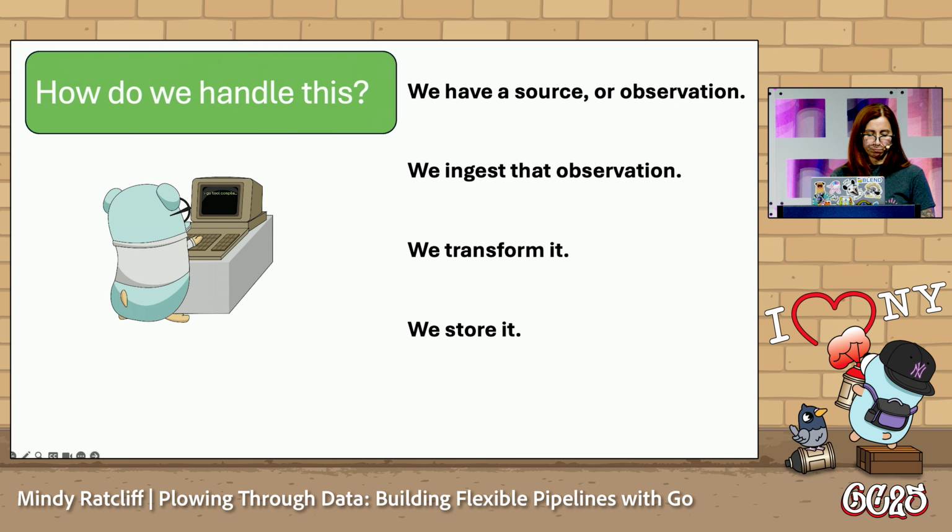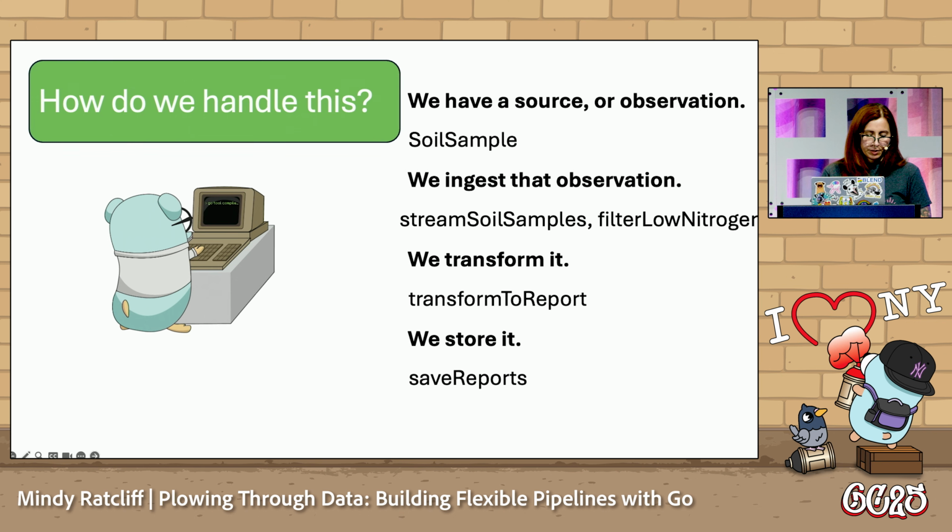Like I said, our source here is going to be that soil sample I've been talking about. And we're going to see what an MVP would look like. So, our source is the soil sample. We ingest that. We maybe stream the soil samples. Maybe we're filtering out like nitrogen or something like that.